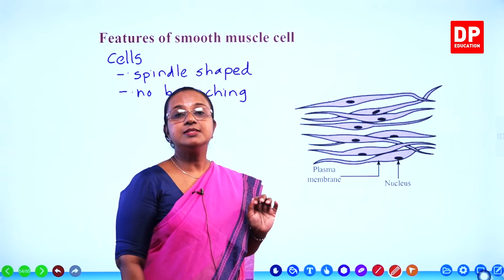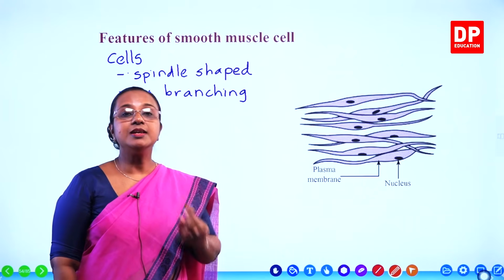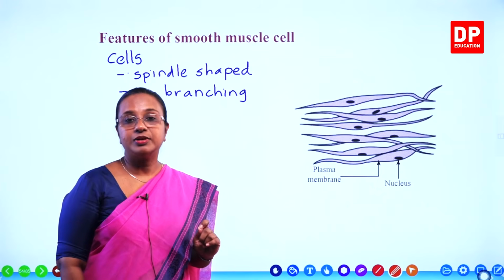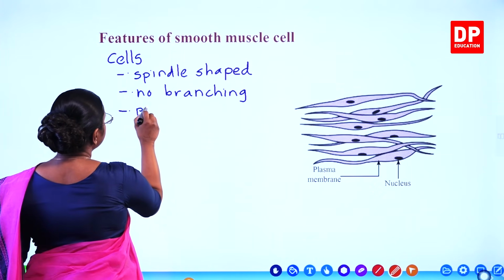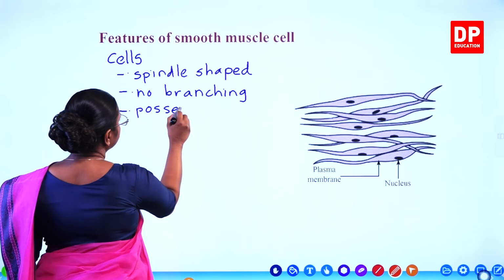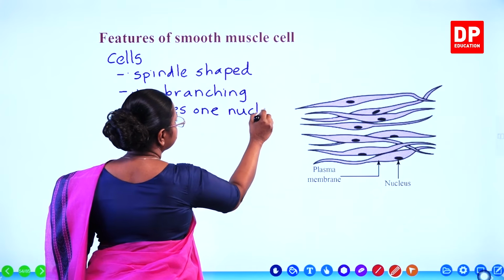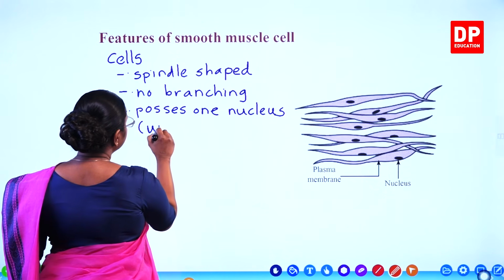So all these spindle shaped cells possess one nucleus. We call it uninucleate. So here cells possess one nucleus. That is called uninucleate.